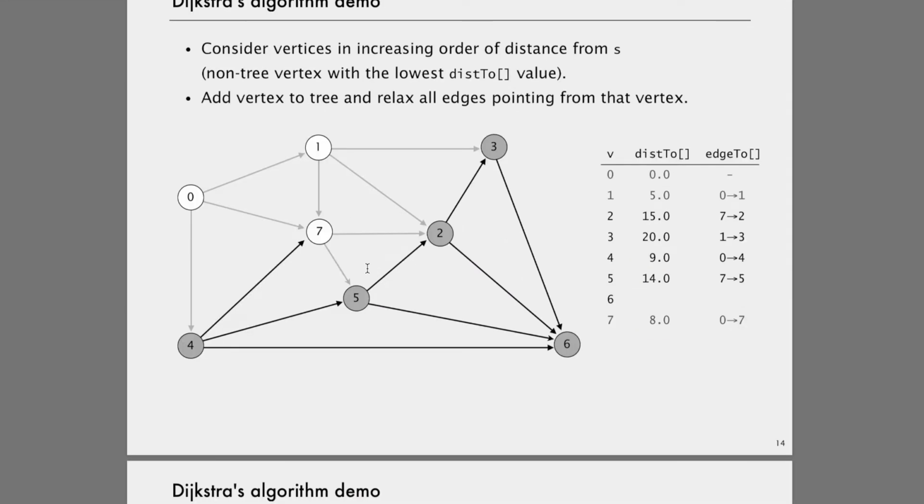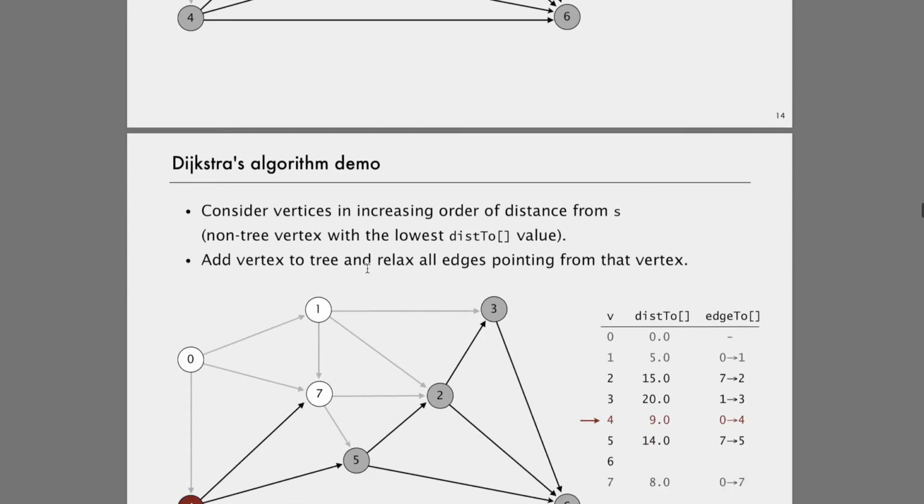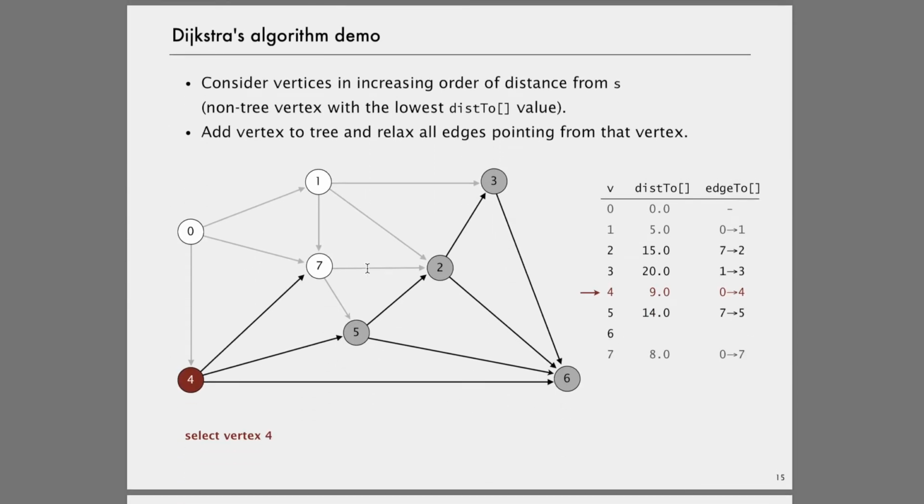So now for the next closest vertex to the source, from the edge 0, 4 which is of length 9, that's the one that we are going to pick for the tree next. We are not going to find a shorter path there.